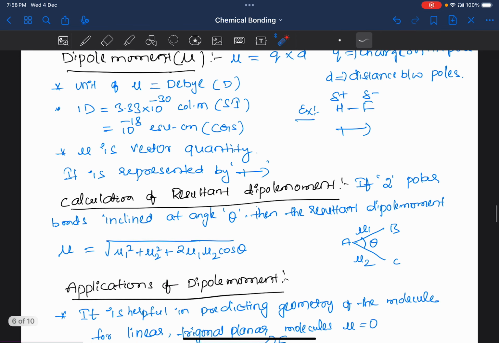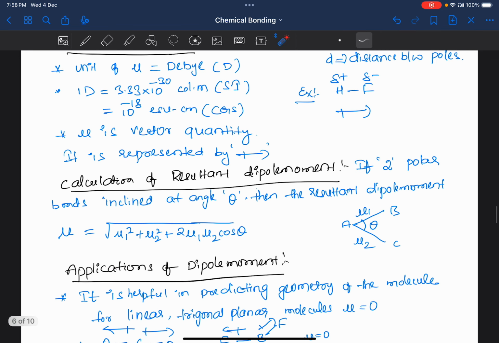And next, calculation of resultant dipole moment. In which conditions is the dipole moment calculated? If two polar bonds are inclined at angle theta. Here I took a molecule ABC. This AB is one polar bond and AC is also a polar bond. These two polar bonds are inclined at angle theta.